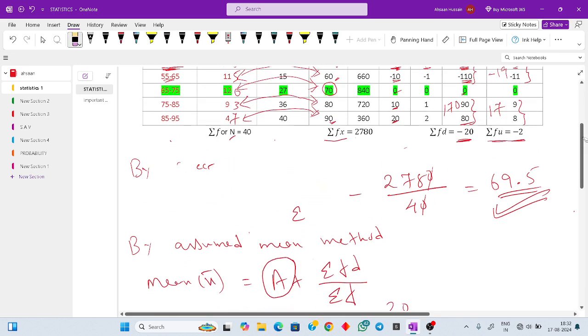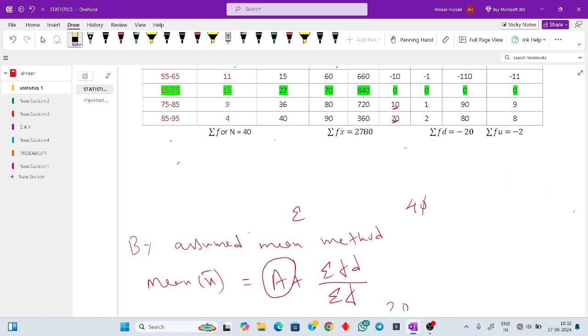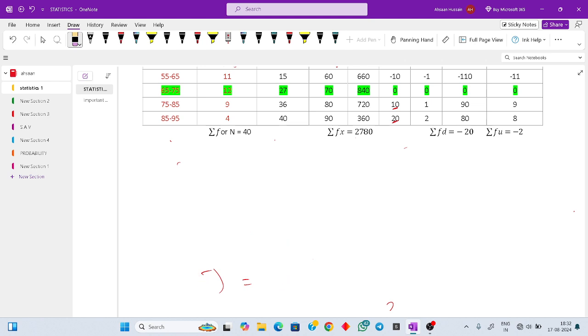Now let's find the median and mode also. So we'll find the mode first because finding mode is much easier than finding mean and median. So pray that mode will come in your exam.